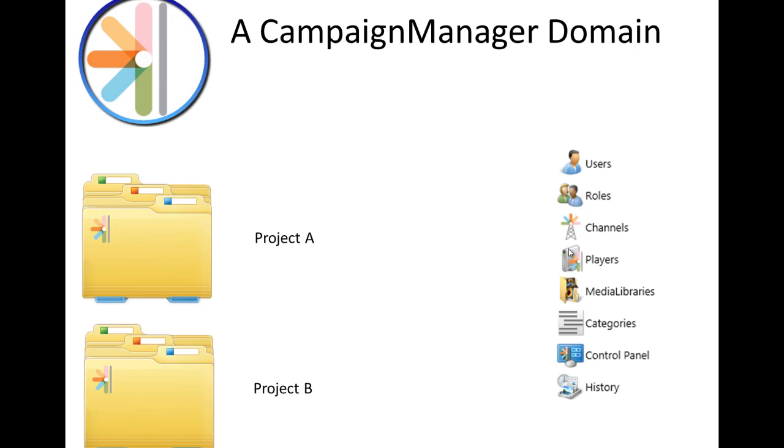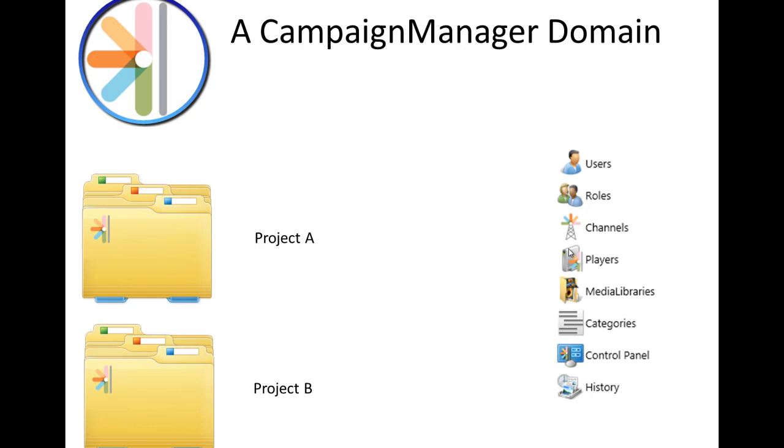Players, which physically represent the machines that you have connected to your network. A media library pretty much does what you think it does. It's simply a container for a media library that's stored on the server. Categories help you meta tag your media assets, and they also help you describe your other assets, whether they be physical assets such as screens or PCs, or indeed conceptual assets such as campaigns.